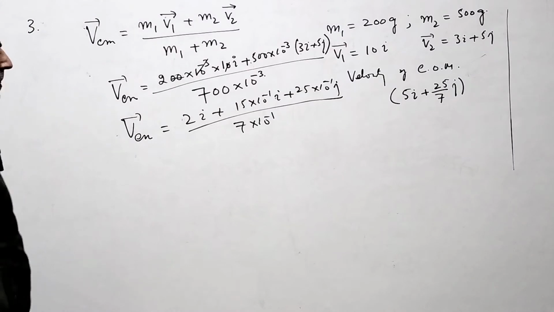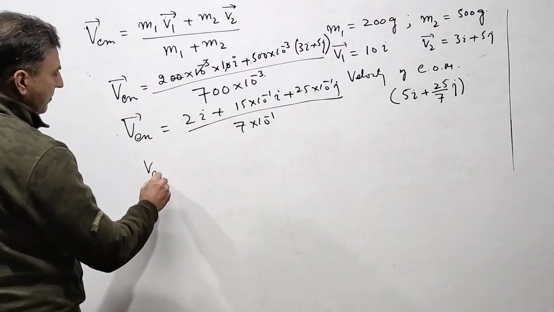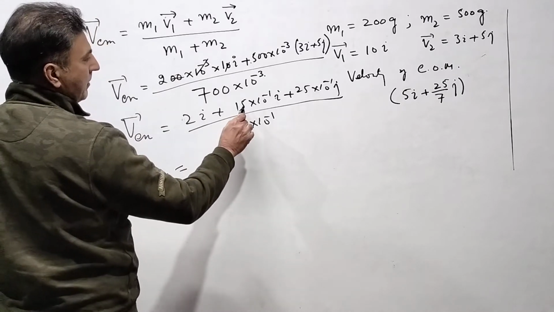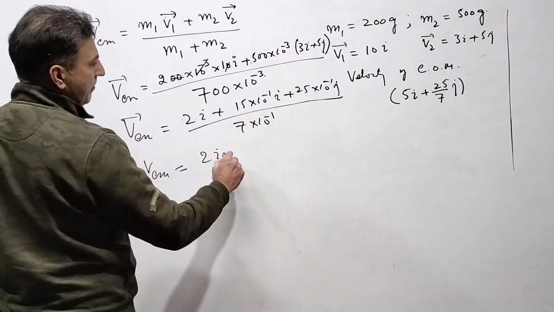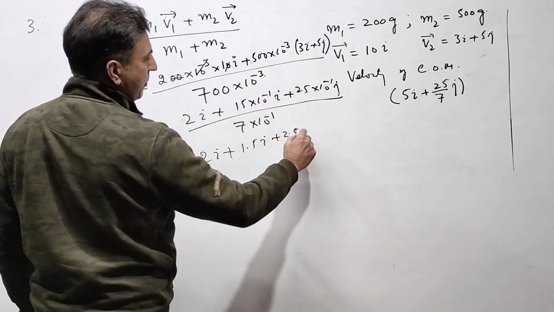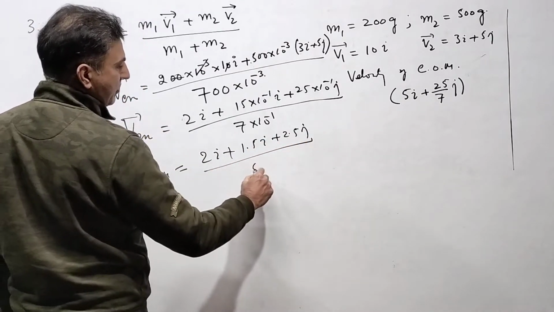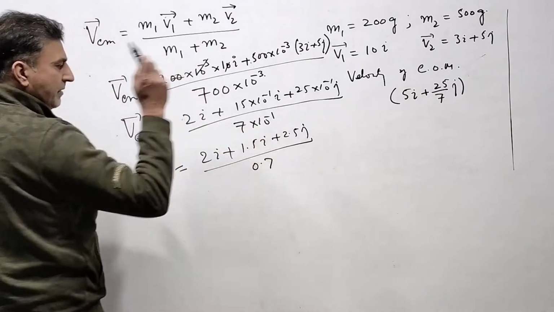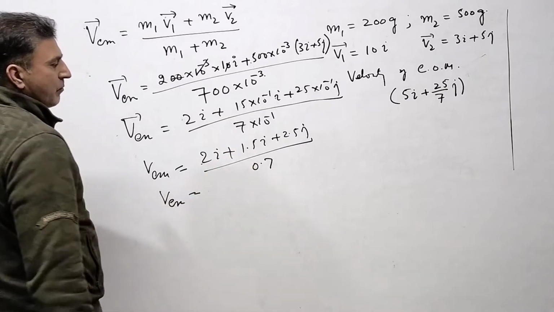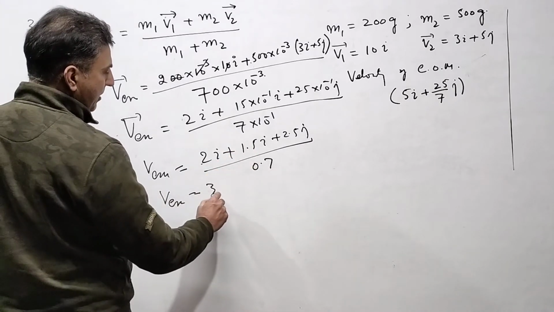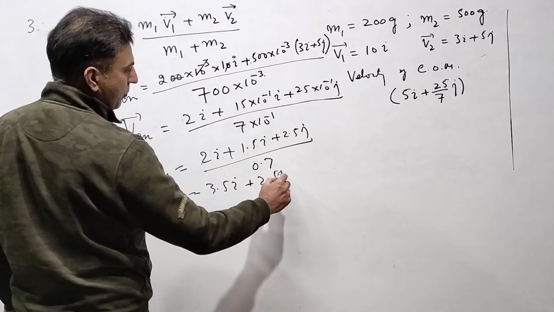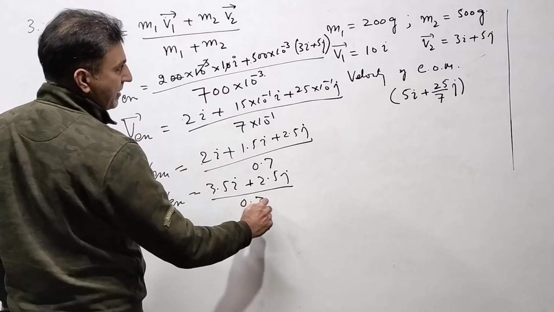Now VCM equals 2i plus 1.5i plus 2.5j divided by 0.7, that is 3.5i plus 2.5j divided by 0.7.